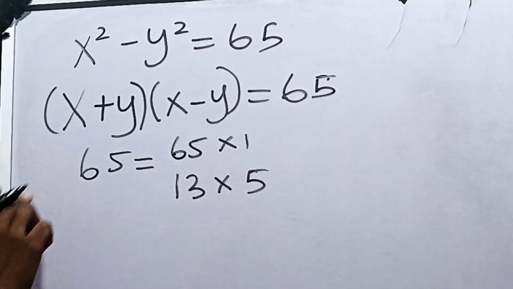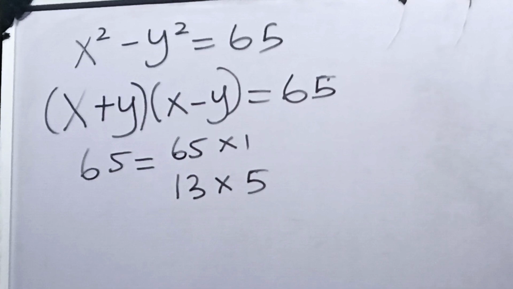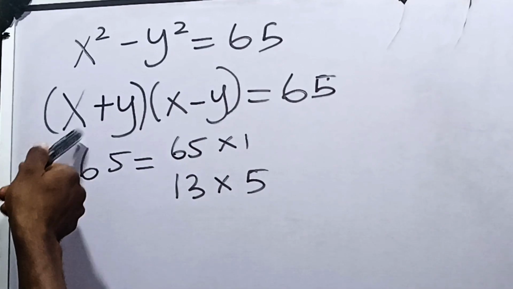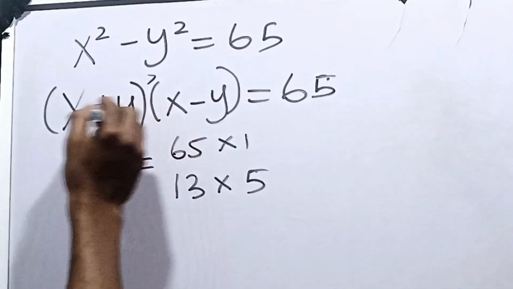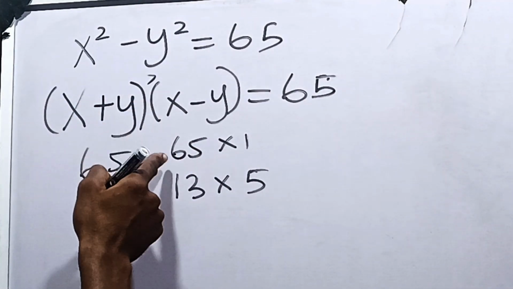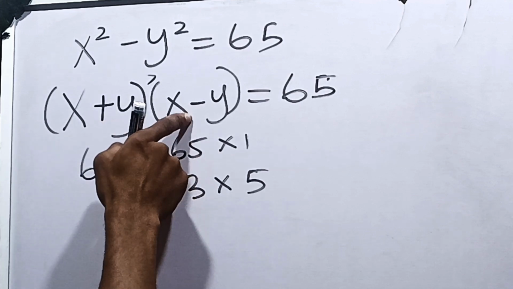Now we can check if x and y are positive integers. X plus y should be greater than x minus y. If that is the case, we apply this law in picking these numbers. So x plus y should be 65, x minus y should be 1.